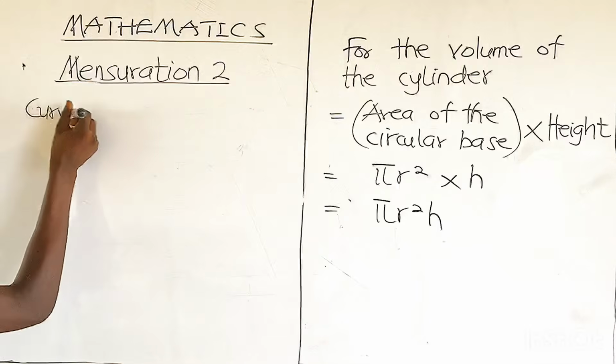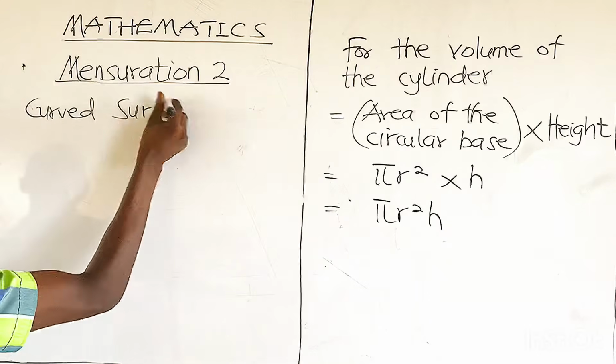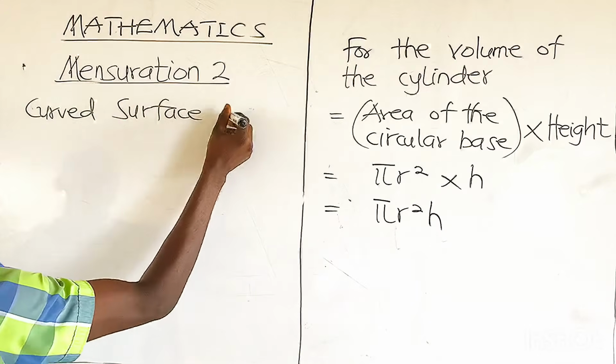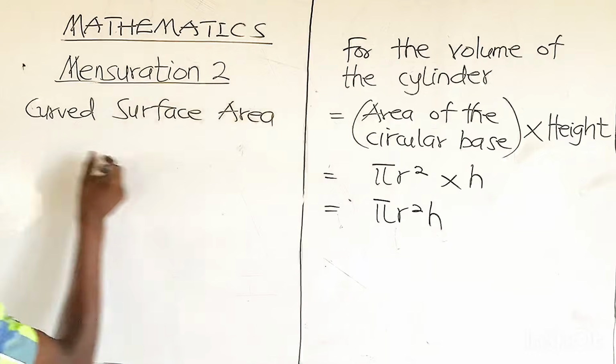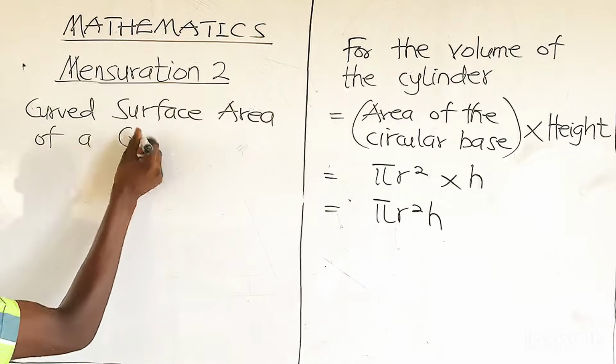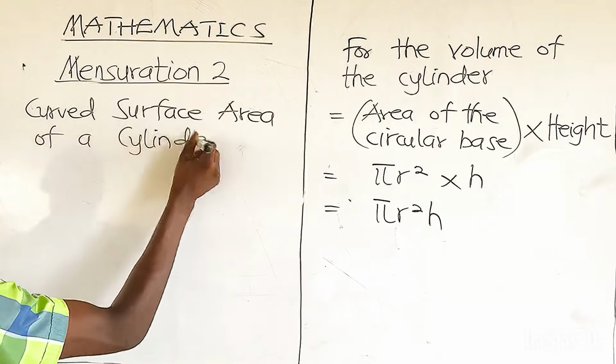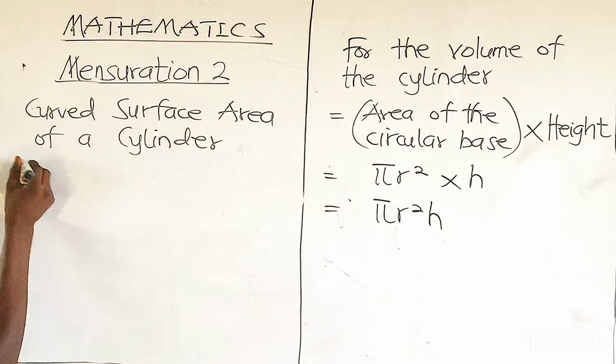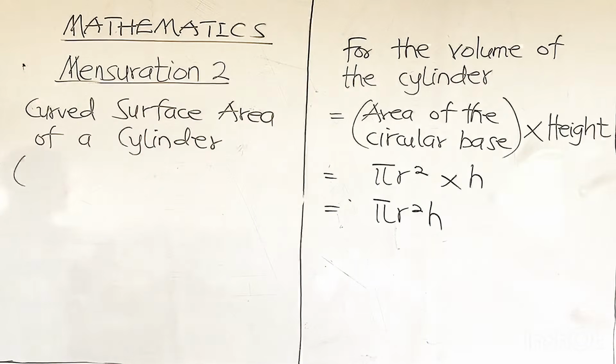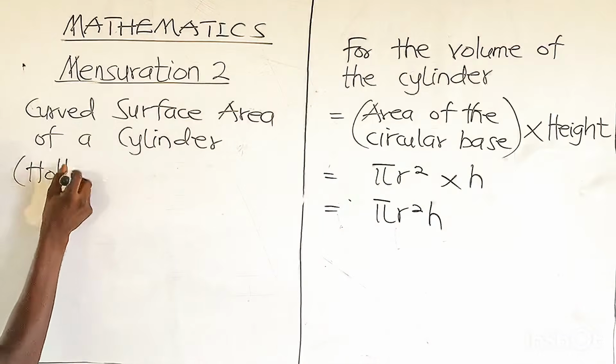The curved surface area of a cylinder. Every curved surface area, we can also call it the hollow cylinder.